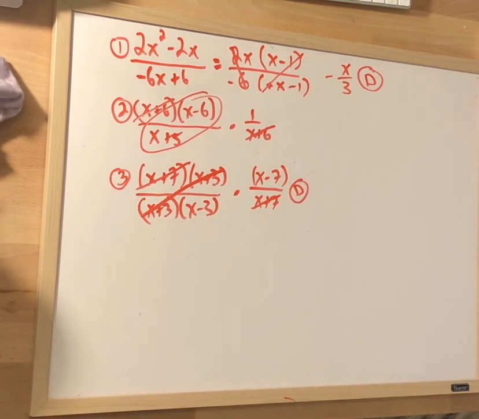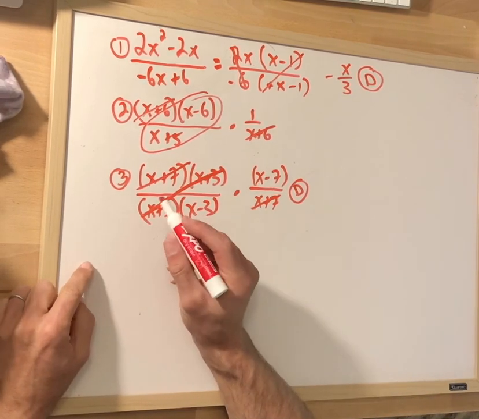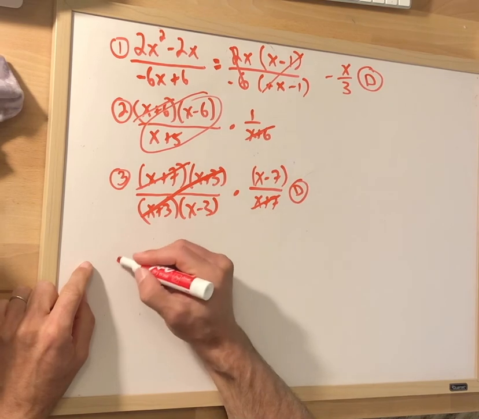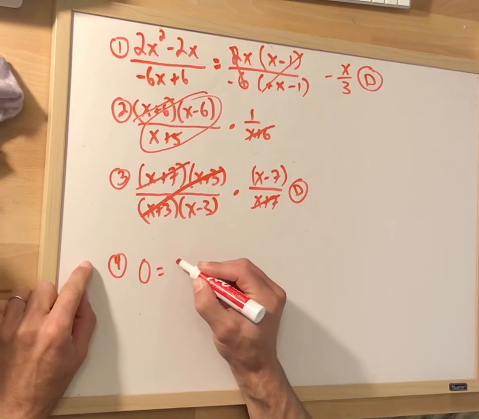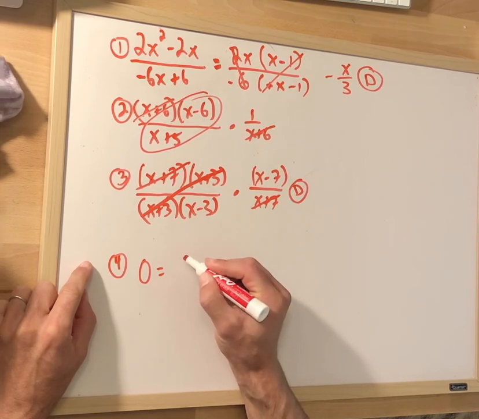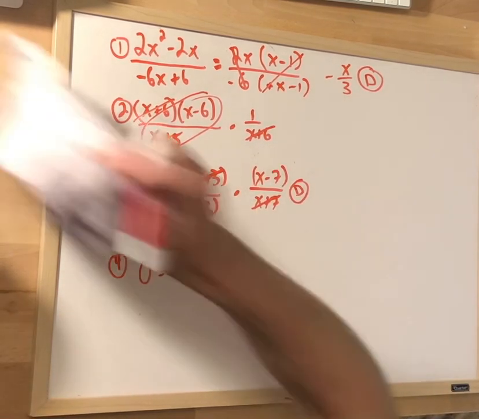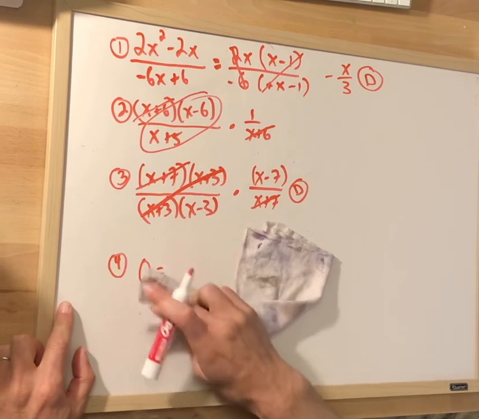For number 4, I have to solve the equations. Now, the easiest way, I think, to do this is if you move one of those over to the other side. Actually, let's do this. Let's make the left side equal 0.